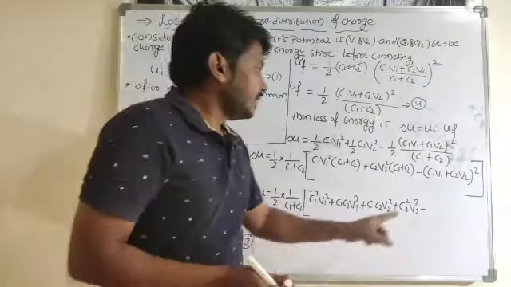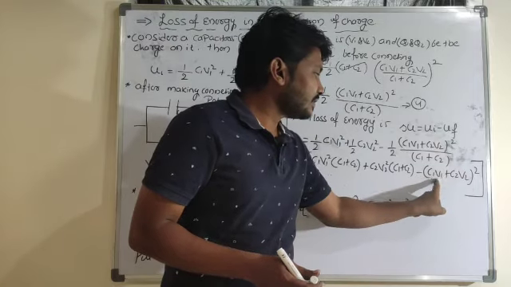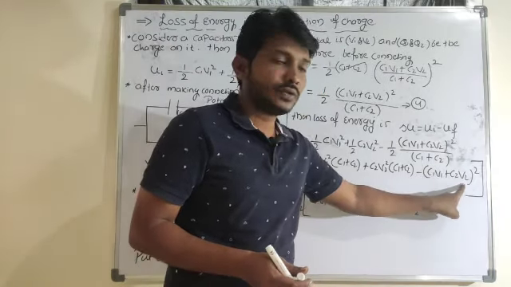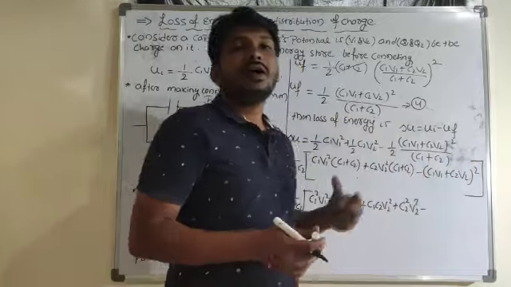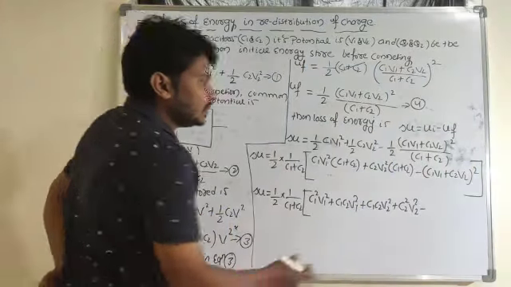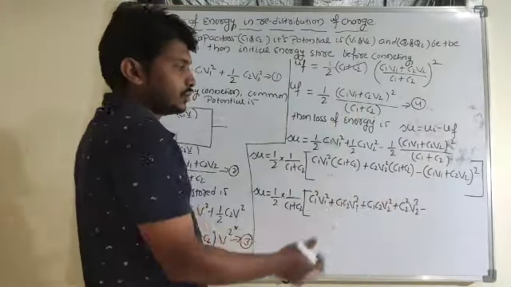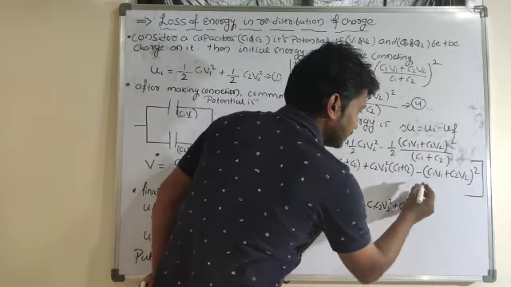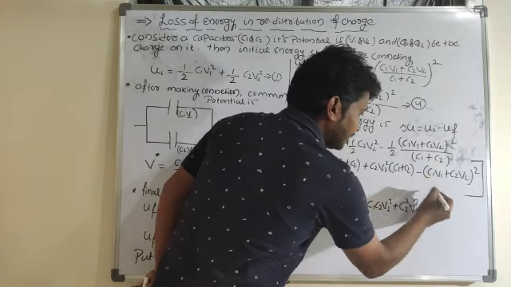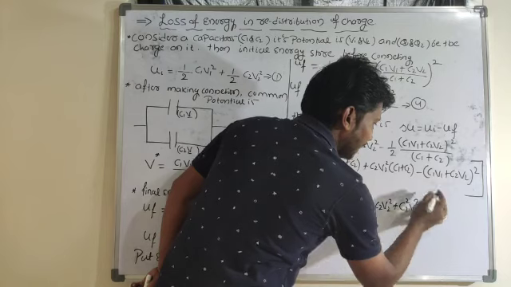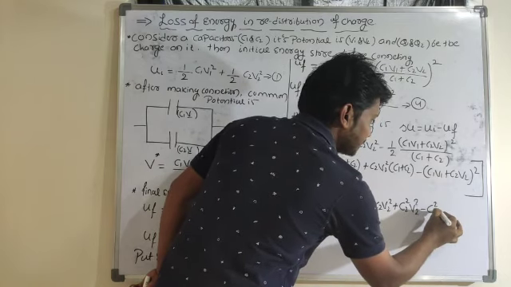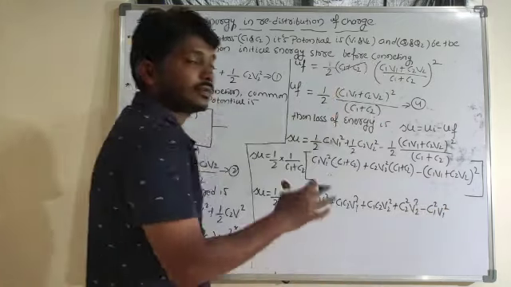So look at here, C1 into V1 plus C2 into V2. So this is in the form of A plus B whole square, so A square plus B square plus 2AB. So outside the bracket here, if I remove this bracket, A square means C1 square into V1 square, with a minus.